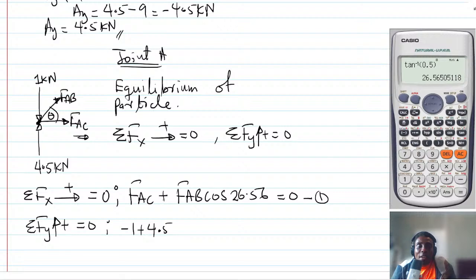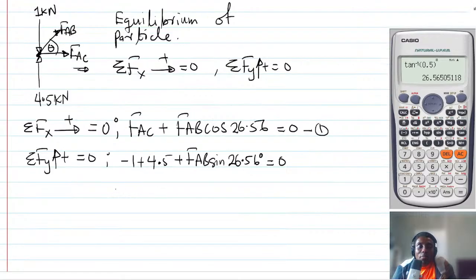But FAB along the y, so FAB sine 26.56. So basically we can find FAB from it.